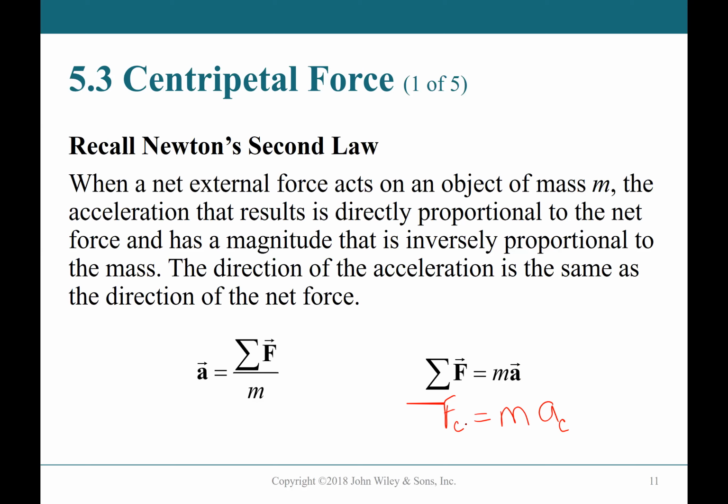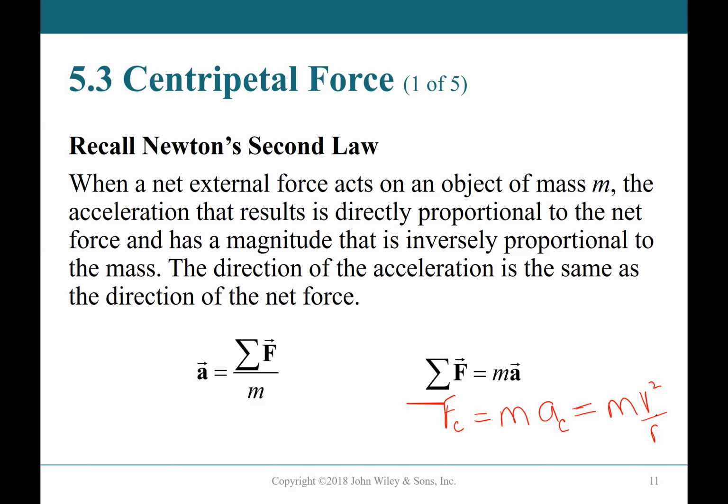So these little subscript c's tell us that this is the force of an object that's moving in a circle. Then, of course, we have another equation for a sub c, and that is v squared over r. So that's the equation for the centripetal force.